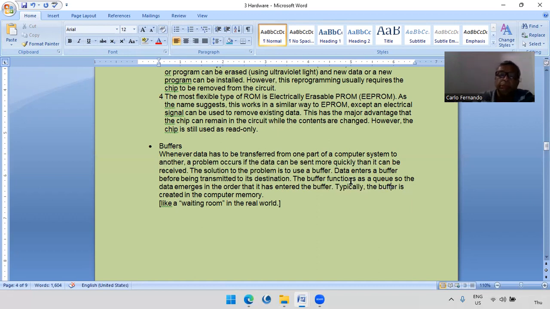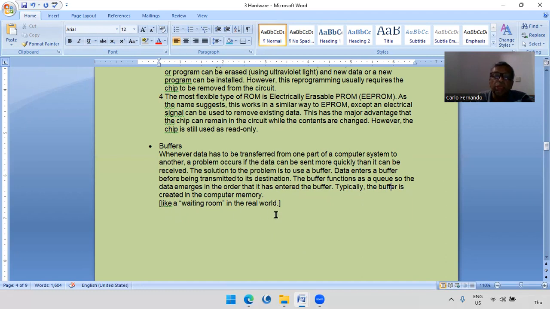So typically the buffer functions as a queue, so the data emerges in the order that it entered the buffer. So first come, first served. The first one who came waits at the front of the queue, and likewise. Typically, the buffer is created in the computer memory, like a waiting room in the real world.